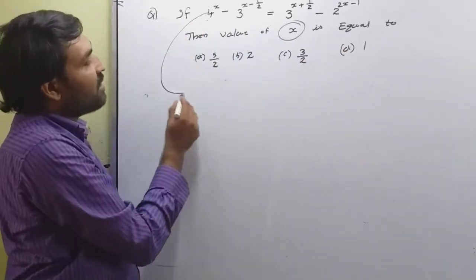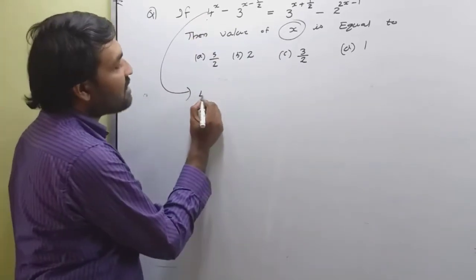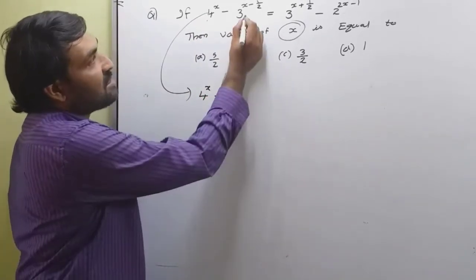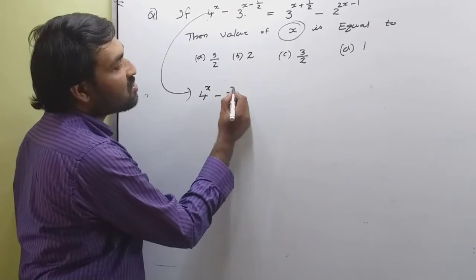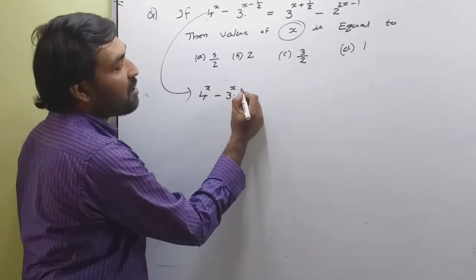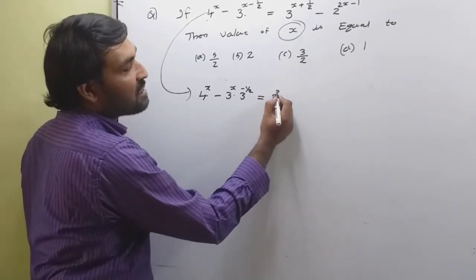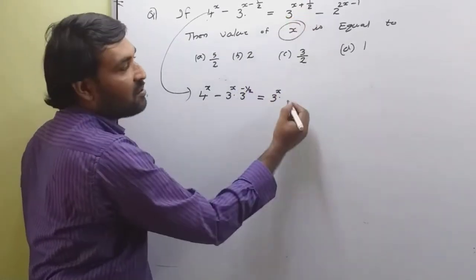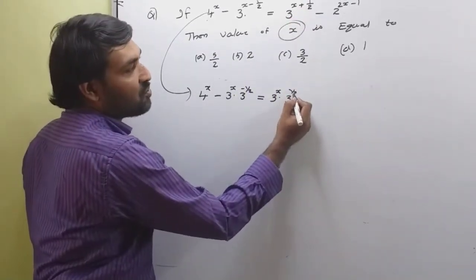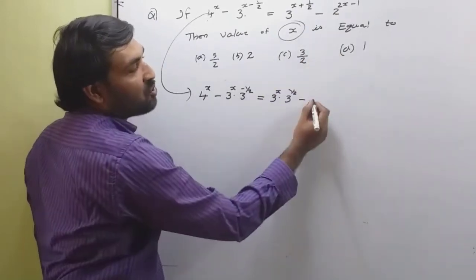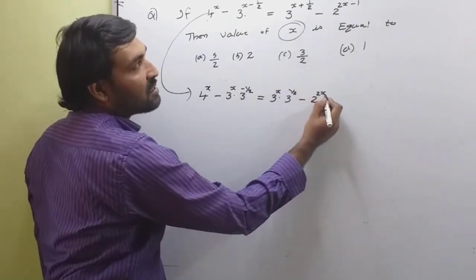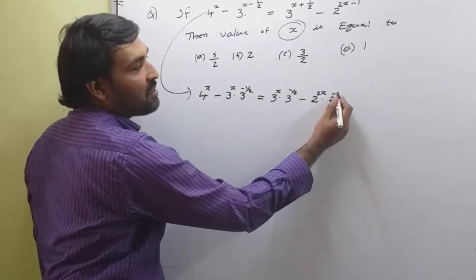Now we can write 4 raised to x minus 3 raised to x into 3 raised to minus 1 by 2, is equal to 3 raised to x into 3 raised to 1 by 2 minus 2 raised to 2x into 2 raised to minus 1.